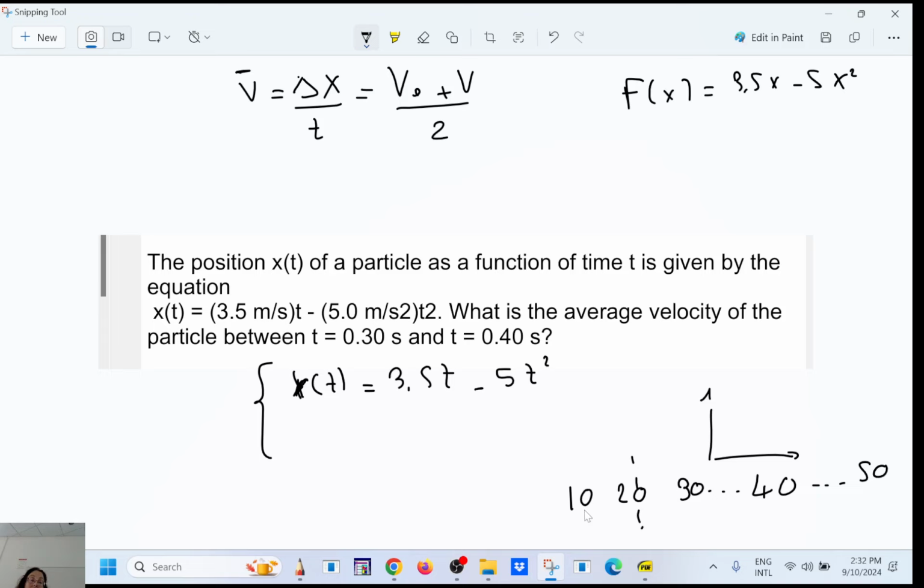So for example, 10, 20, 30, 40, 50. At the center, you're going to have 30. So 30 is the average. So because the acceleration is constant, to find the average velocity, you do initial plus final, divide by 2.